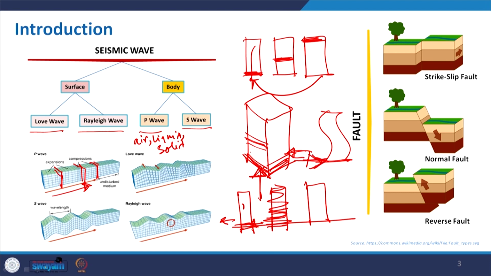Whenever there is an earthquake, the stress applied will try to move the earth, the inertia will try to keep it in place, and when the stress is released, it will move up. Like that, the S wave is also active during this.